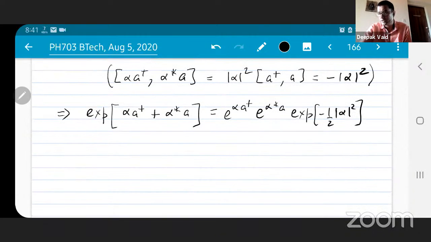so first, let me make sure that I've not made any stupid mistakes. I think I might have made one stupid mistake somewhere. So D alpha is this.